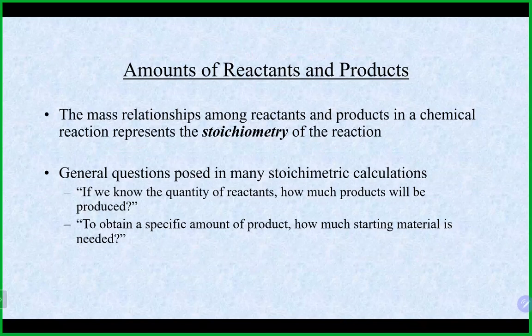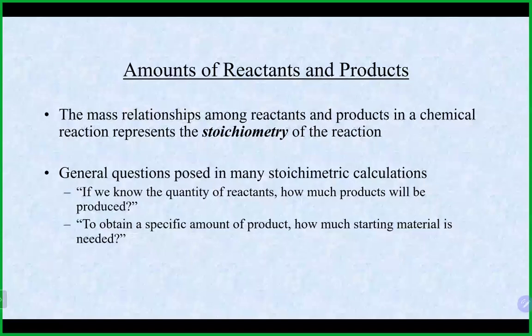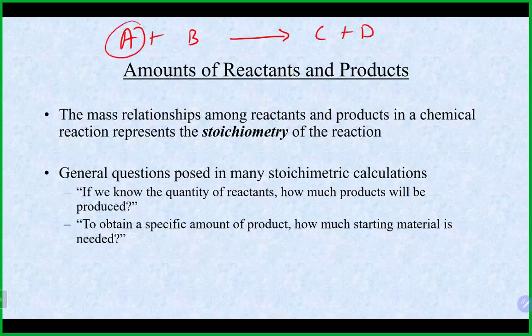When we look at stoichiometry, it is based off the idea that perhaps they tell us how much of A we're starting with, and maybe we want to know how much of D we would produce. So stoichiometry is a way to go from, say, A to D.